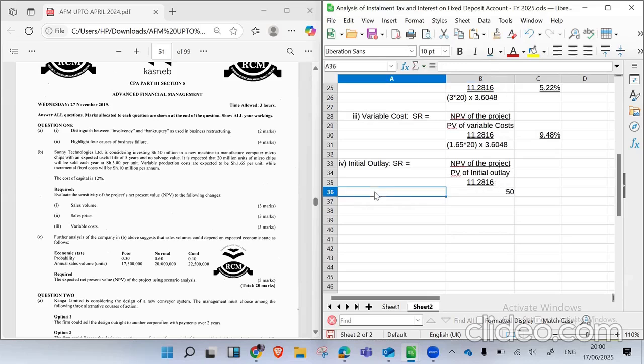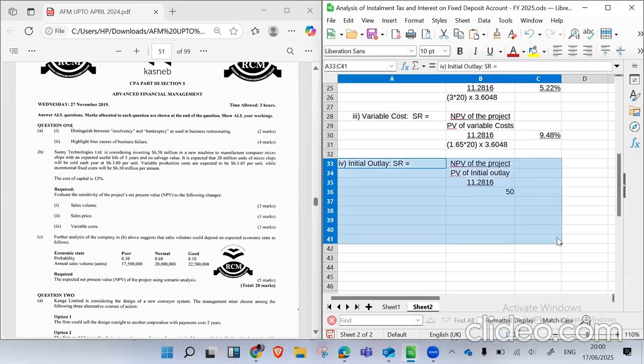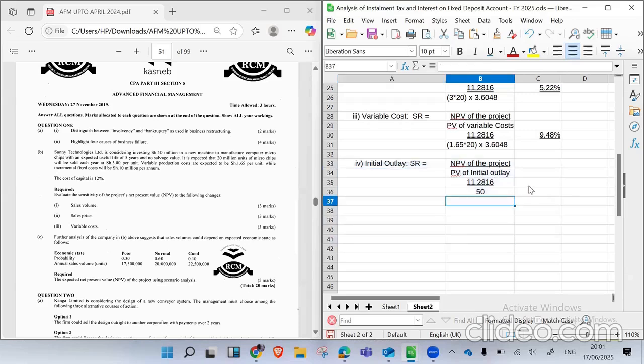When you look at the 50 million, you cannot discount it. It's already in its present value terms. That's why for the initial outlay, the PVIF is 1, because the figure is already in its present value terms. So this would simply be that divided by the 50. That one you cannot discount.